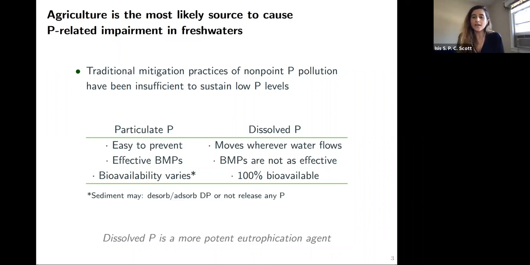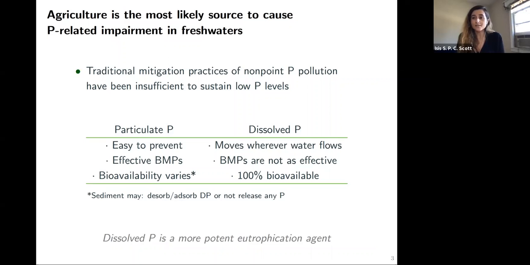And on the other hand, we have the dissolved phosphorus. And this is the phosphorus pool that moves with runoff, with subsurface drainage. These traditional BMPs are not as effective. And the concern with this phosphorus pool is that it is 100% bioavailable for aquatic biota, meaning that as soon as it reaches a water body, it will start immediately causing problems such as that one that we saw in the picture.